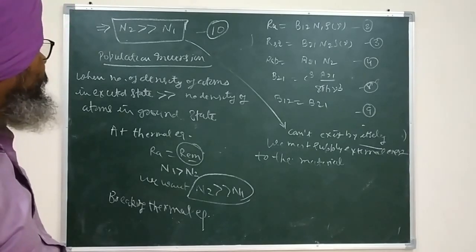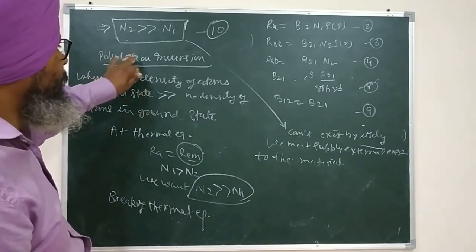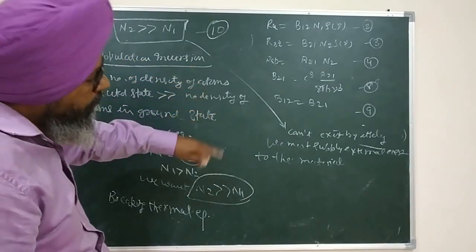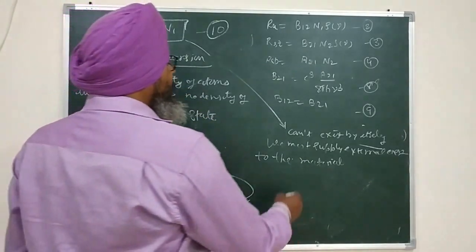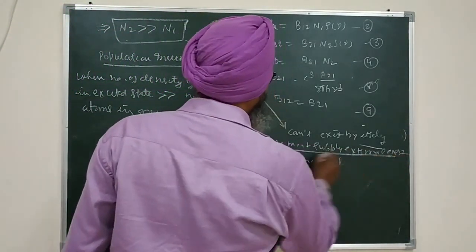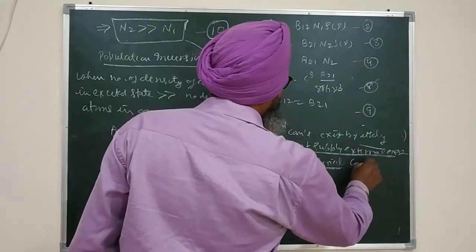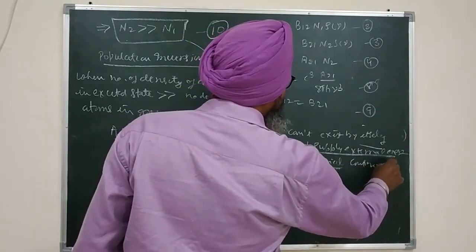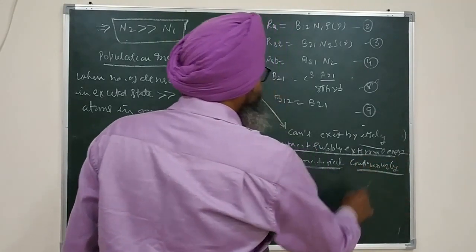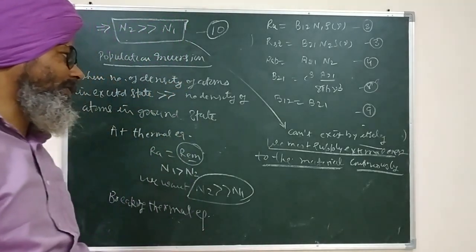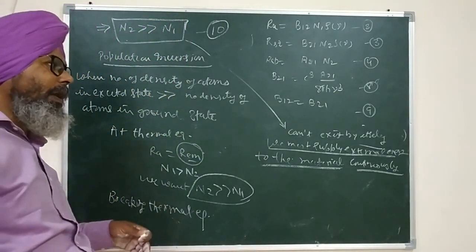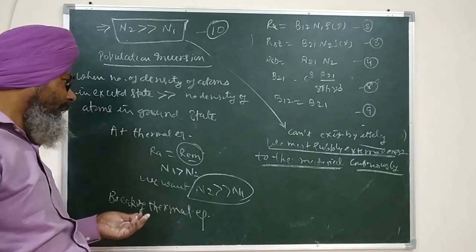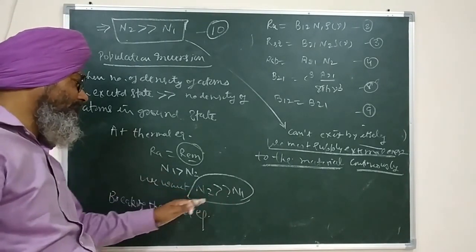So the population inversion, which was the first condition, implies a second condition, that we must supply external energy to the material continuously. Because as soon as we stop the supply of external energy, the material will come back into thermal equilibrium, and again N1 will be greater than N2.